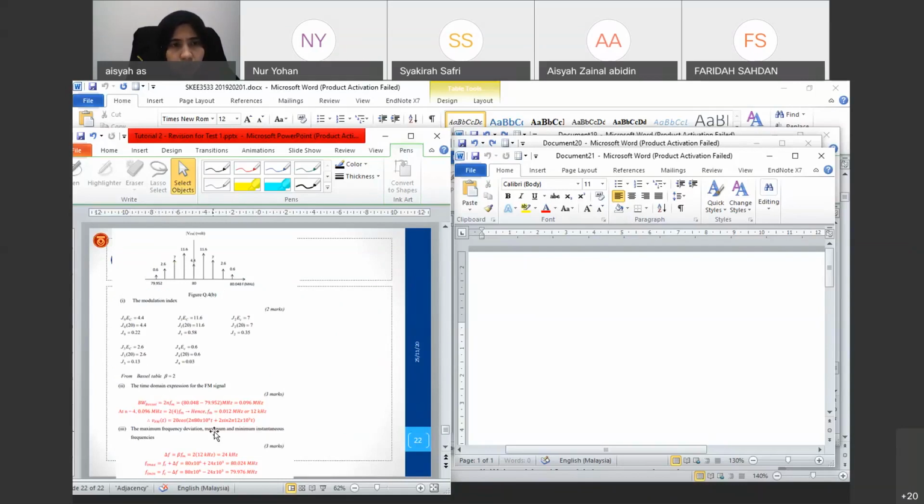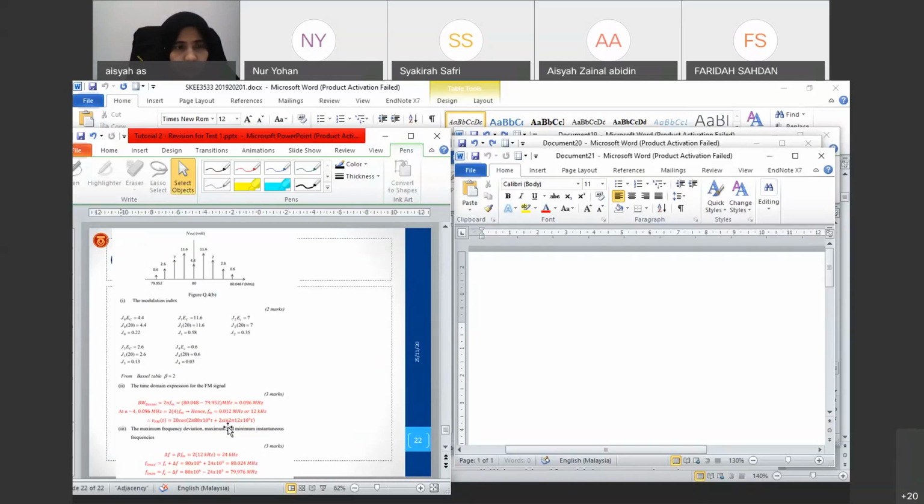For the time domain expression, that is v FM(t), based on the Bessel table, the bandwidth is 2 n fm. From the maximum minus minimum, we get the bandwidth of this signal.